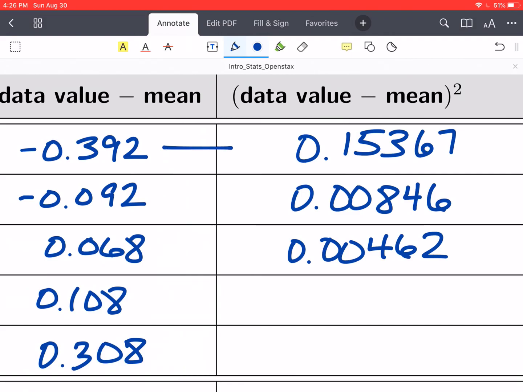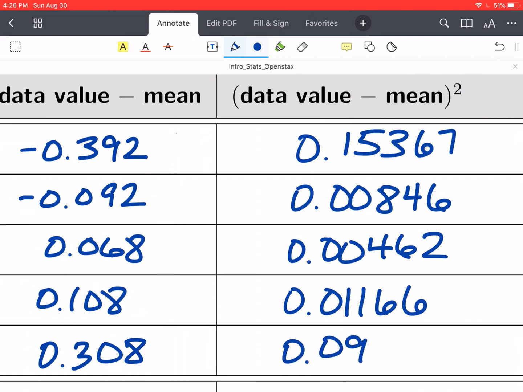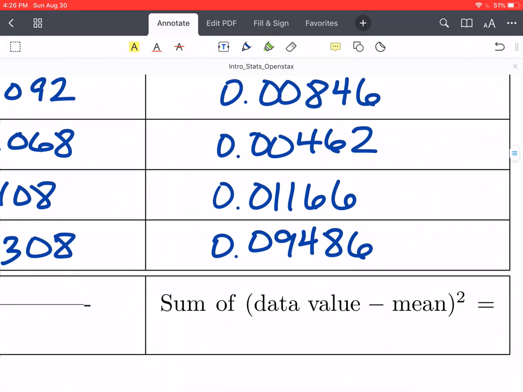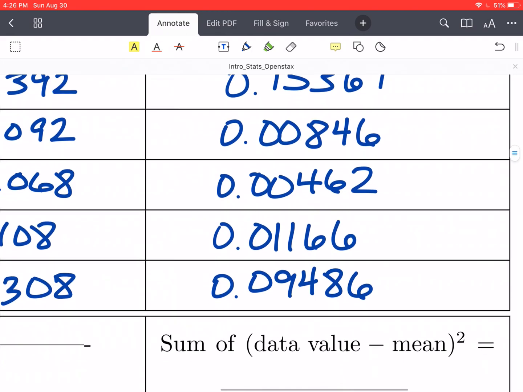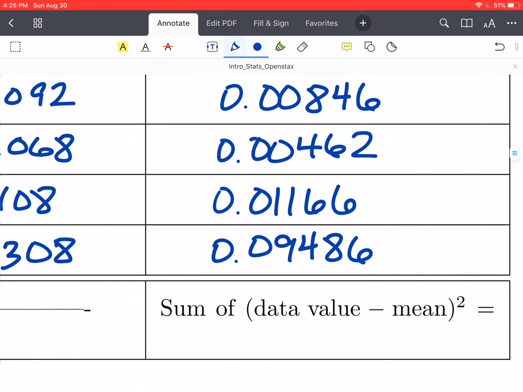Notice that as we're further away from the mean, these individual values go up, which in turn causes the standard deviation to go up. Then we get 0.01166, 0.09486, and then add all those up together. We get 0.27327.